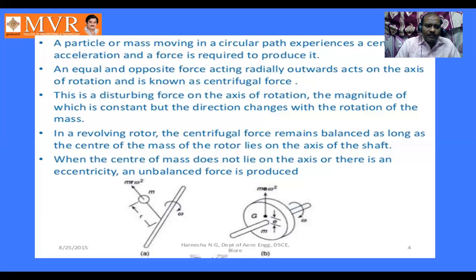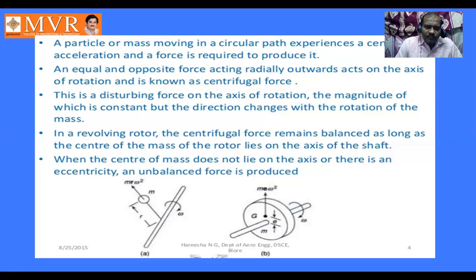In a revolving rotor, the centrifugal force remains balanced as long as the center of mass of the rotor lies on the axis of the shaft.